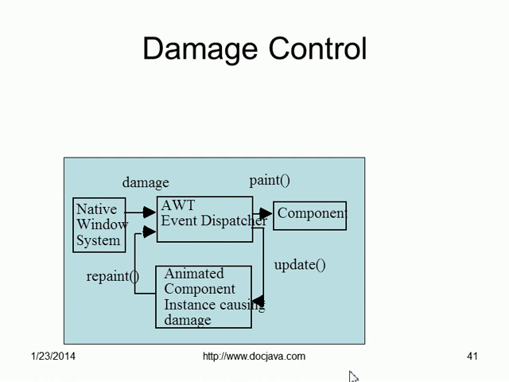It knows which areas have been damaged because it senses when windows are being dragged around. So when a window, a rectangle, is dragged around, and windows are almost always rectangular, then they cause damage in certain areas, and the damage control manager runs in the background as a thread inside of the Java virtual machine and calls repaint on certain areas.